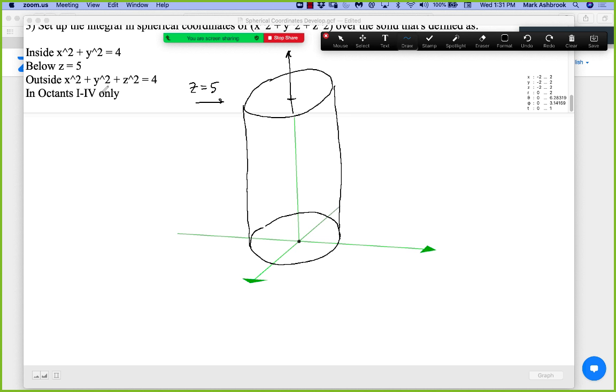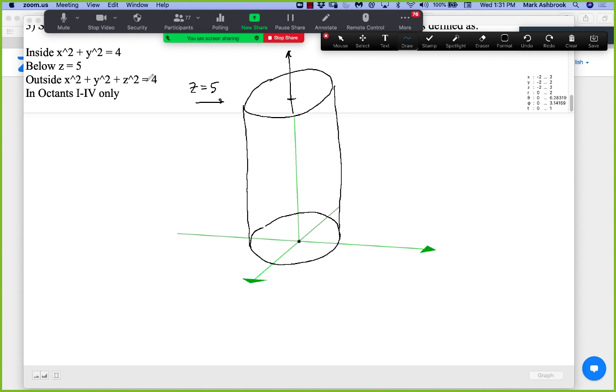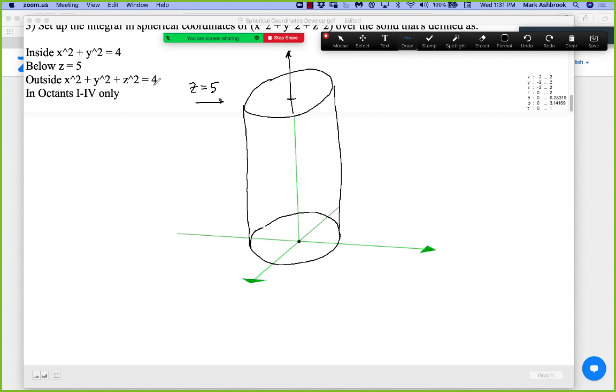And then outside of x squared plus y squared plus z squared equals 4. What is that? It's a radius 2 sphere. Notice that the radius of that sphere is the same as the radius of the cylinder, so it's going to sit right here.